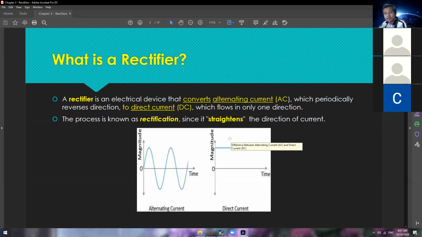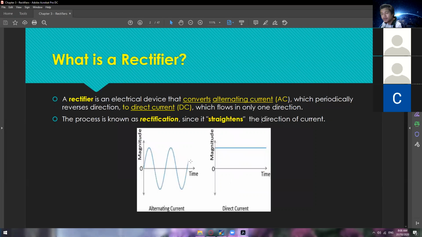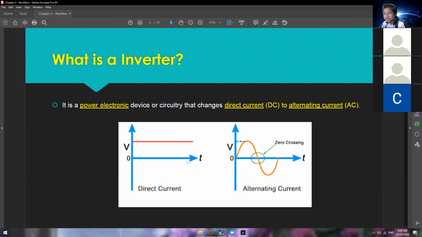The reverse of this is an inverter. It is also an electronic power device or circuitry that changes direct current to alternating current. So if it's from AC to DC, that's rectification or a rectifier. If it's DC to AC, then that's an inverter.